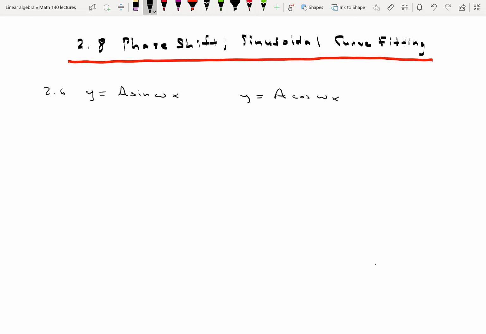What we left off with is that associated with both of them, we have this thing called an amplitude. The amplitude is not a. That's a common mistake on exams, for students to say that the a corresponds to amplitude. The absolute value of a is the amplitude.